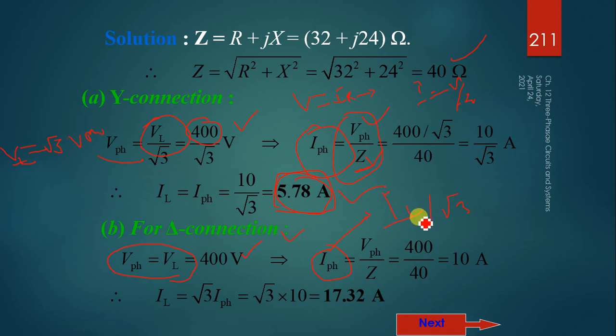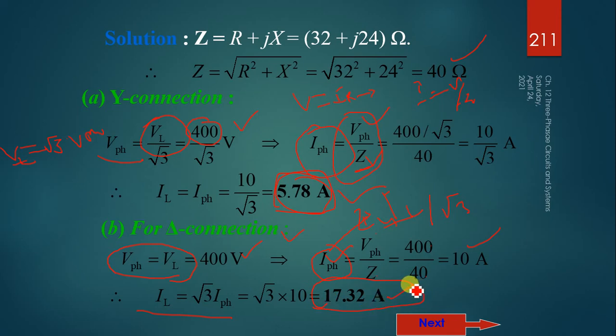It is given as IL is equal to root 3 I phase. But we are planning to find I phase directly, that is V phase by Z, 400 by 40, which is 10. 10 into root 3 is 17.32 amps.